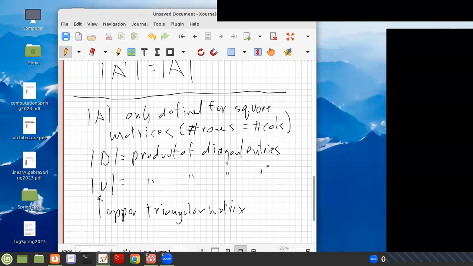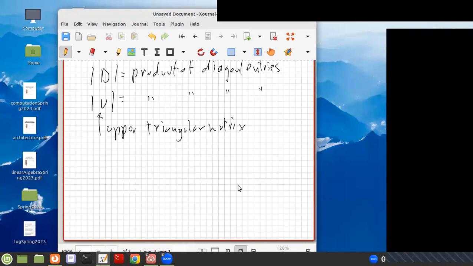So you have a 0 row, which means there's a free variable, so the matrix is singular and doesn't have an inverse. You can connect up all these different properties.